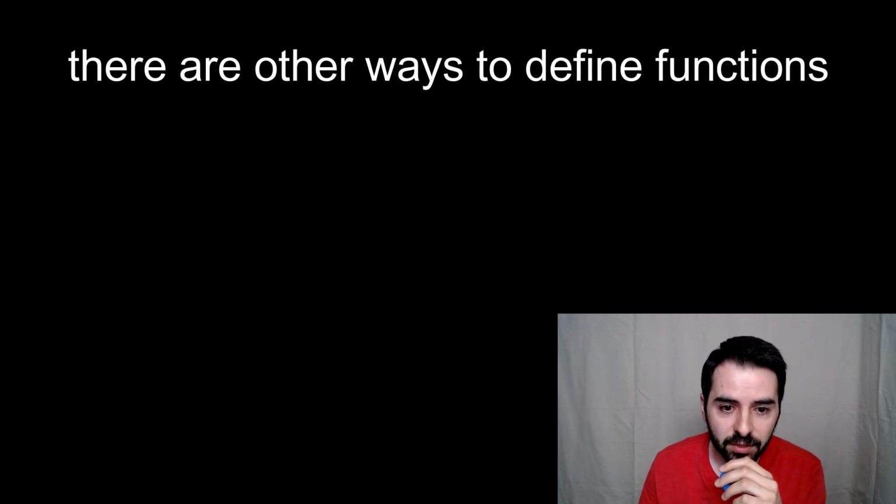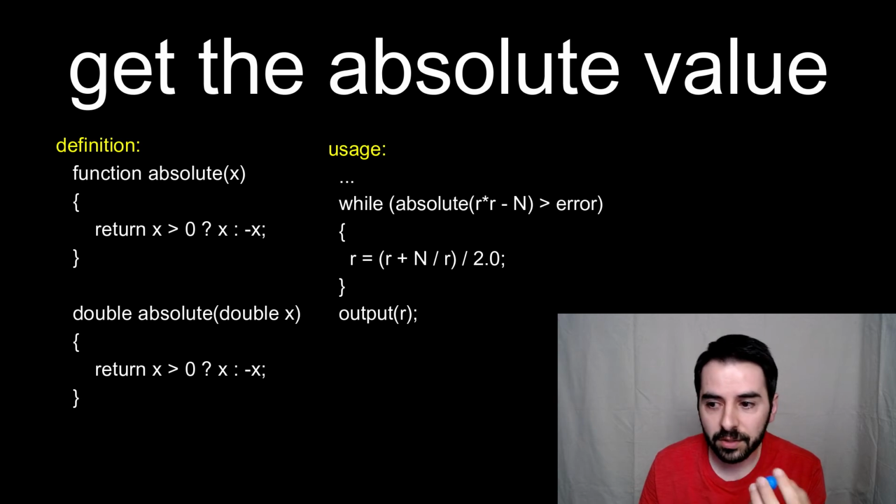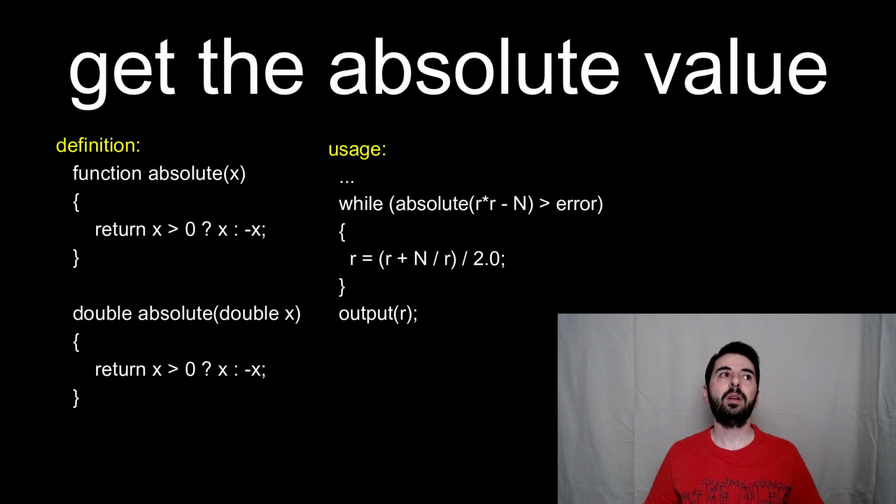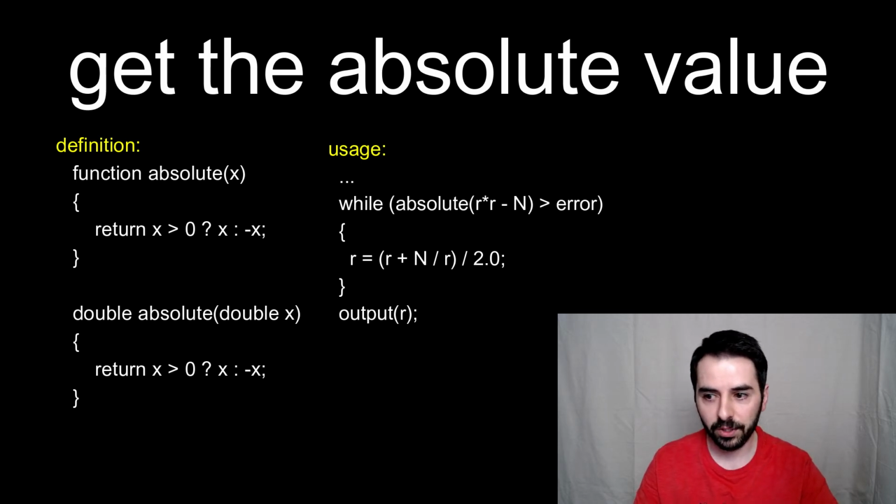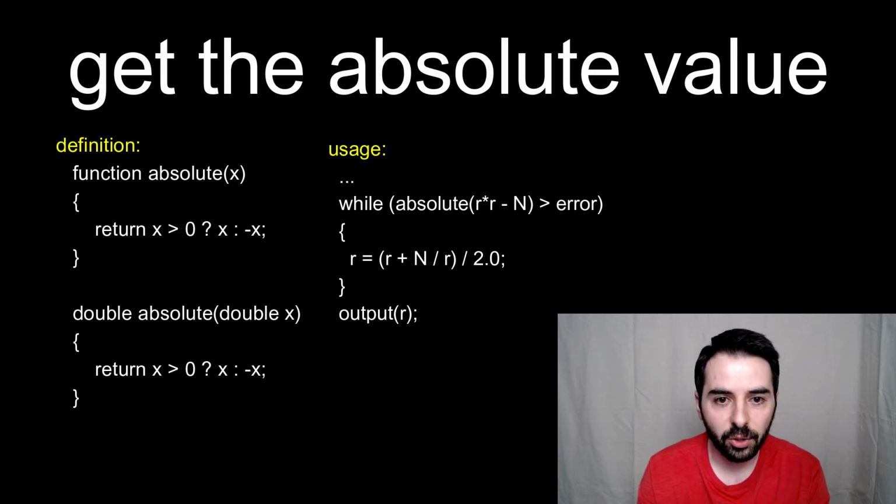So for instance, let's consider the same example from the square root problem. When we needed the absolute value, we can now define a function, call it absolute, and it accepts only one parameter. Let's make it double x, and since the input is double, the return type also will be double.